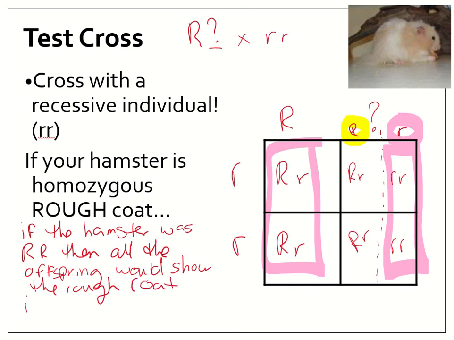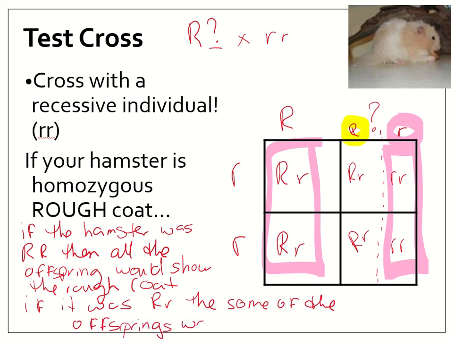And then the second half is if it was heterozygous, I'm just going to short form it because I'm running out of space, then some of the offspring would show the smooth coat.